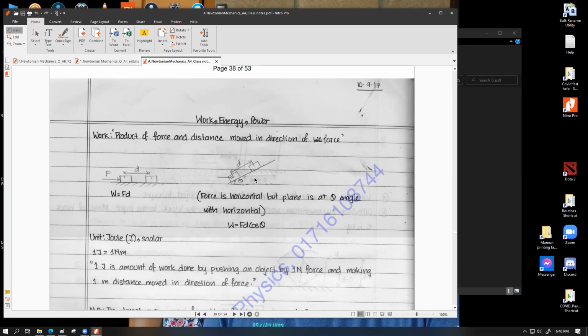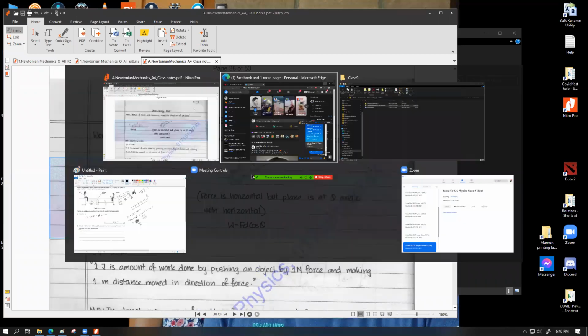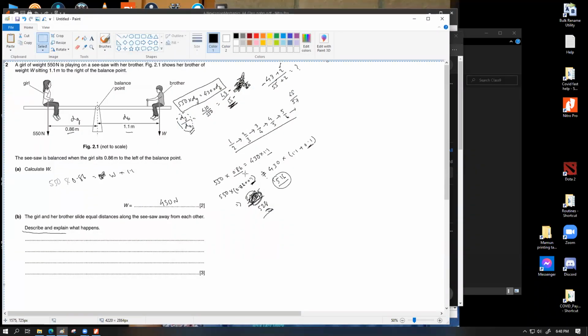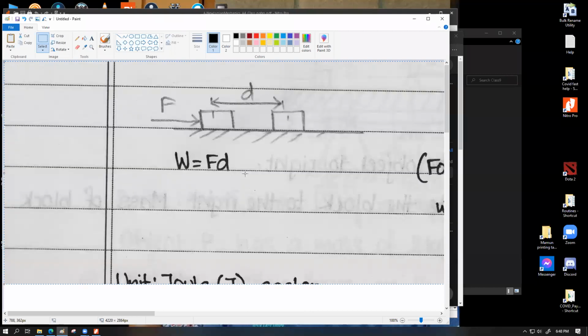The reason we use the cosine ratio is that if we draw a right angle triangle here, the distance covered along the direction of the force would be the cos part of this triangle. Let me elaborate this figure a little bit so that you can convince yourself about the cos theta ratio better.